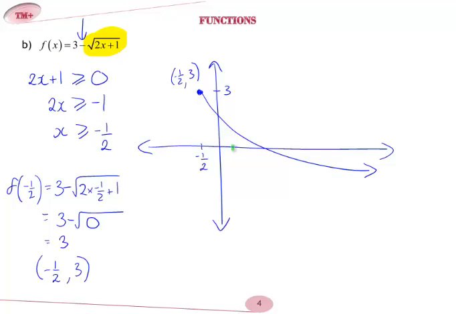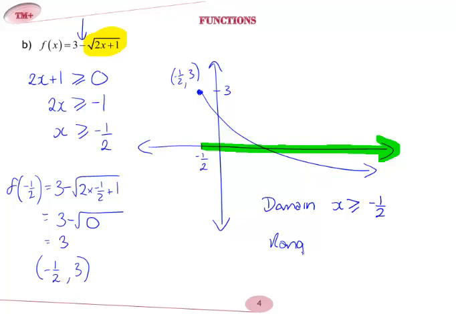So the domain is x is greater than or equal to -1/2. For my range, in this case, my y values only exist from 3 down. So f of x is less than or equal to 3.